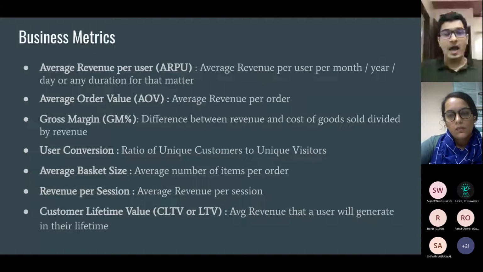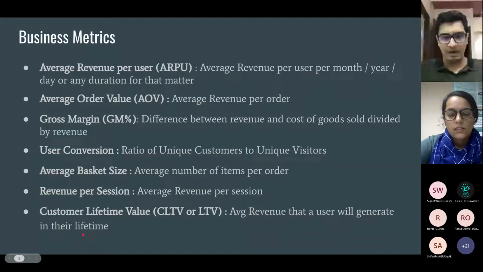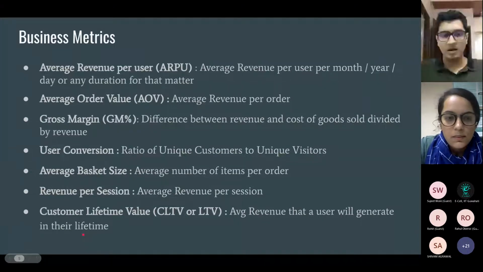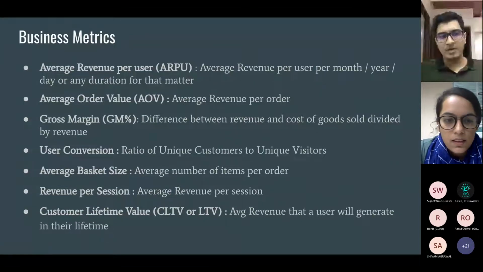It is the average revenue that an average user will generate for your business in their lifetime. Of course, there are a lot of nuances in this. For early stage startups, it may be very hard to define what a lifetime means, but over a period of time, you will start developing an understanding of the retention, and based on that, you will identify the customer lifetime value.